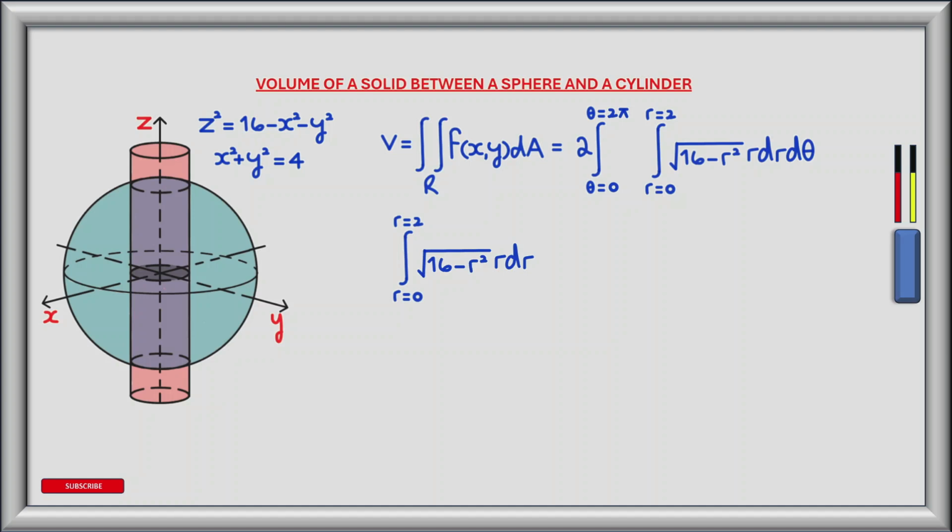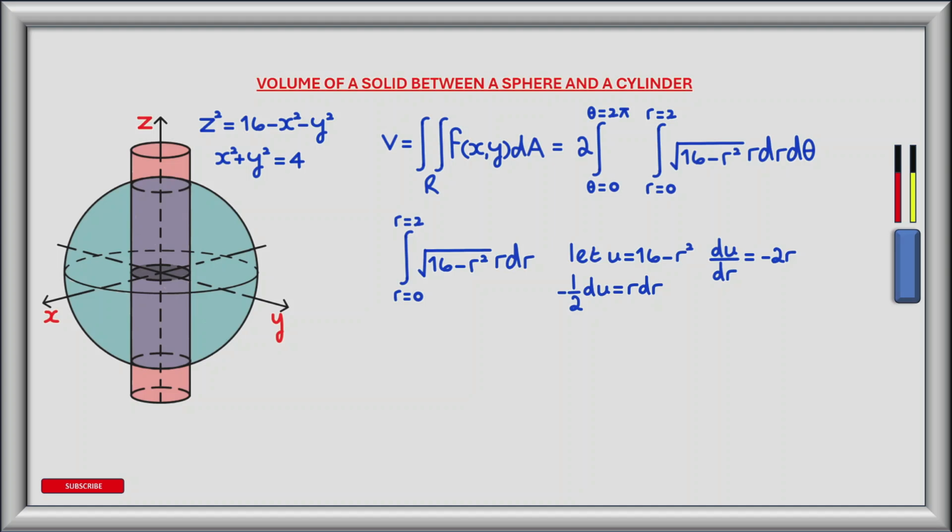Starting with the inner integral, we want to integrate from r equals 0 to r equals 2, the square root of 16 minus r squared r dr. To integrate this, we need to make a substitution. So first, let u equal 16 minus r squared.